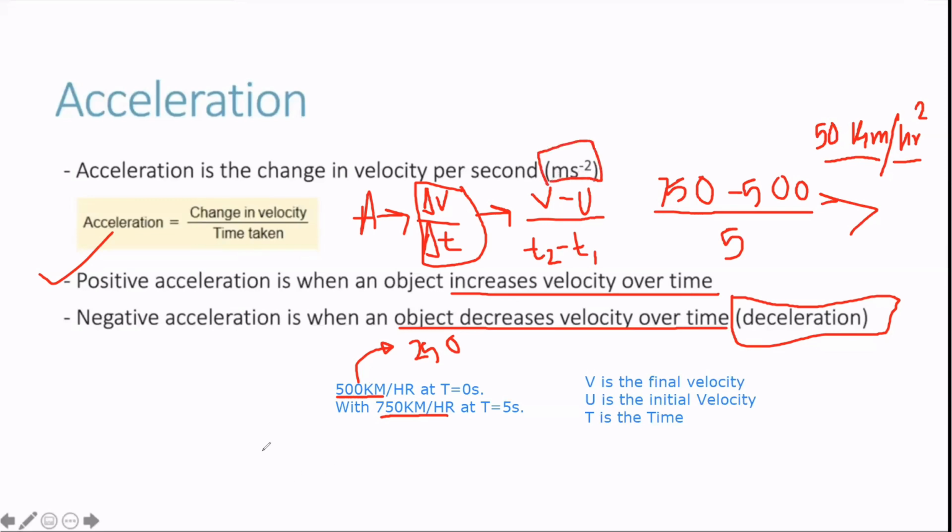So change in velocity: meters per second is the unit. So meters per second here and meters per second there would be subtracted and we would get meters per second, divided by time.